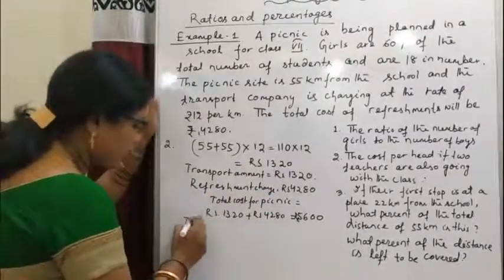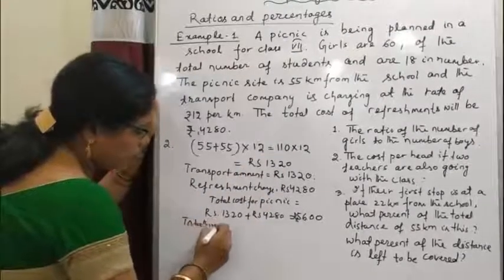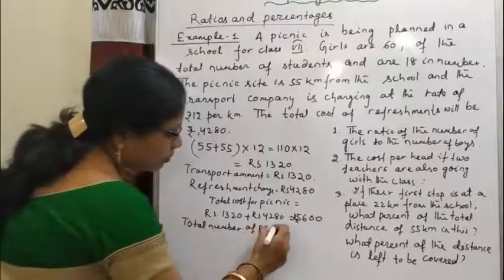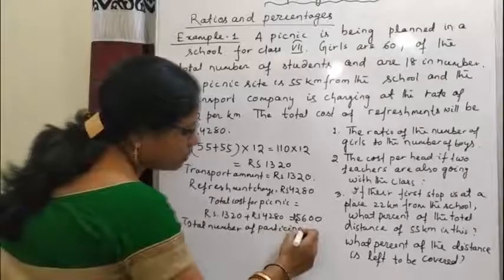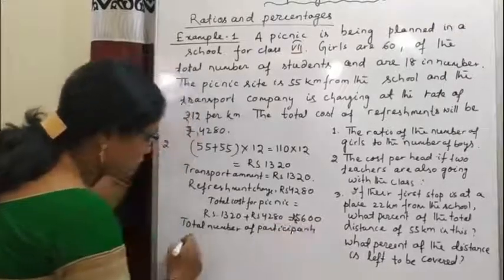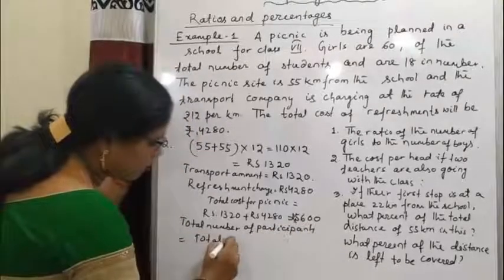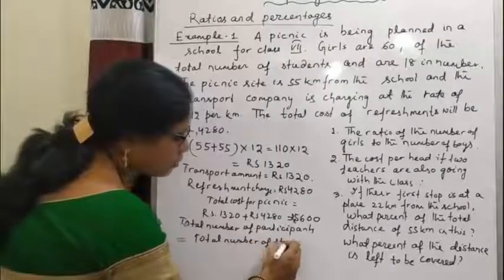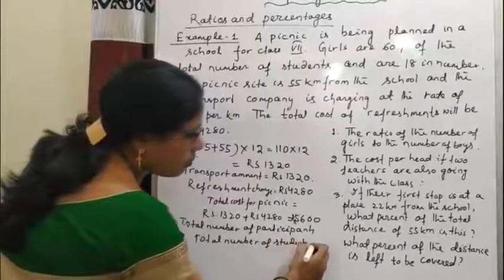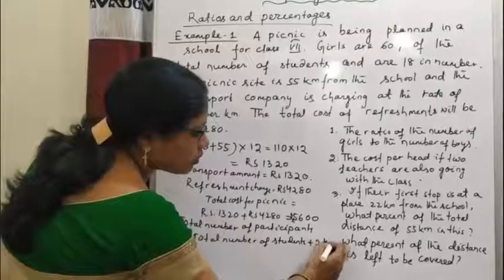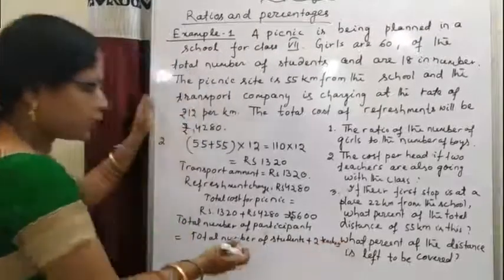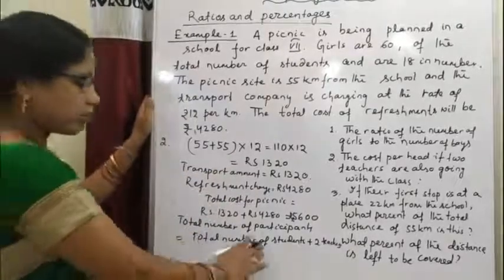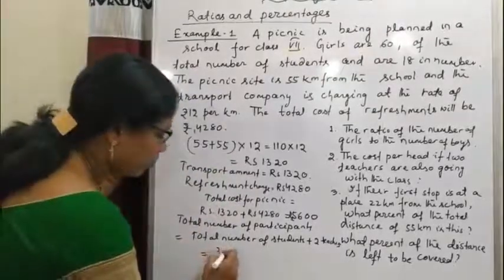Then what is the total number of participants? So total number of participants is equal to total number of students plus 2 teachers. So already we have calculated in our previous answer that the total number of students is 30, plus 2.